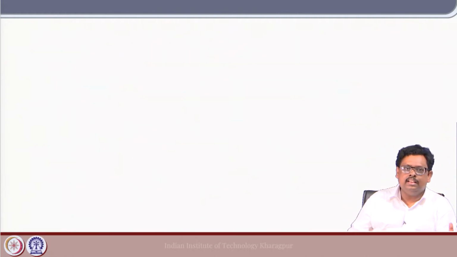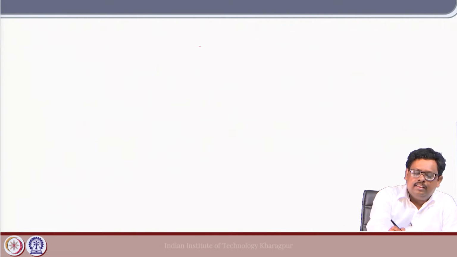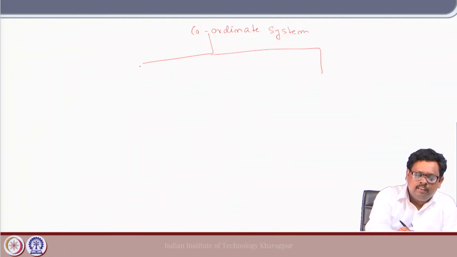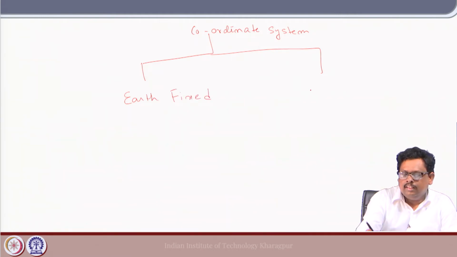If you consider the coordinate system, then we can have two coordinate systems. One is the earth fixed, and the other is the body fixed.